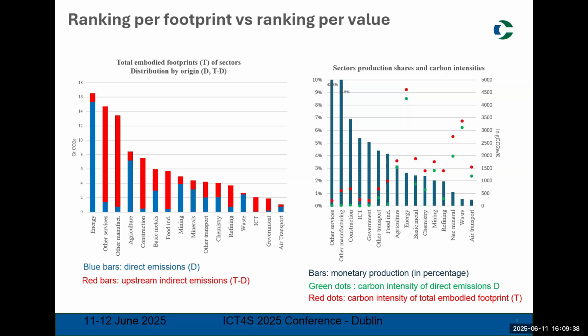On the other side, we can also compare those figures with another sector, like energy, that is ranked first on the left and 9th on the right. So typically, these differences are directly related to carbon intensities, as previously mentioned, indicated by dots on the right plots.